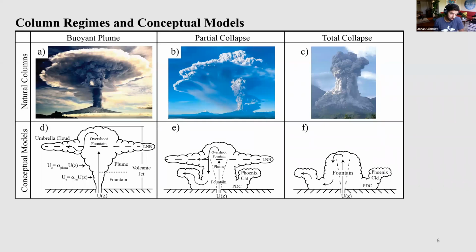So in the first regime, the Buoyant Plume regime, this actually is probably the most commonly shown regime or conceptual model of an explosive eruption column, stemming from Pliny the Younger's first very nice description of the Vesuvius eruption in 79 AD.